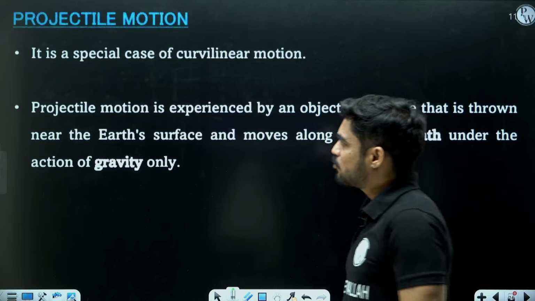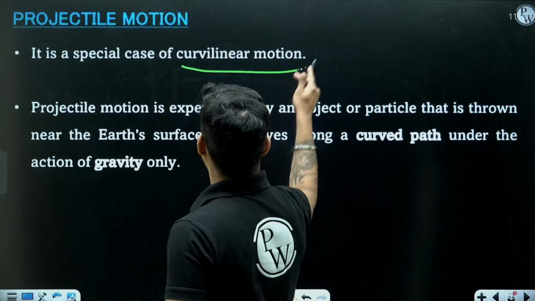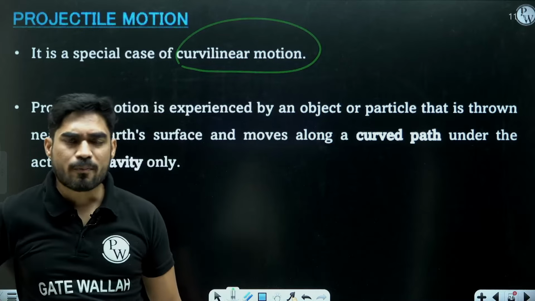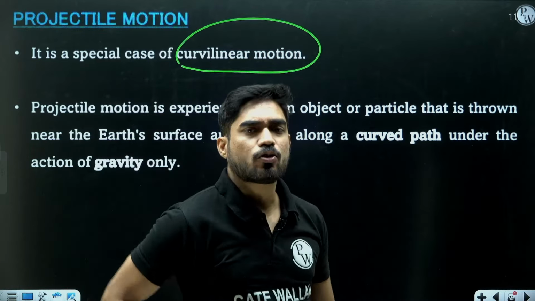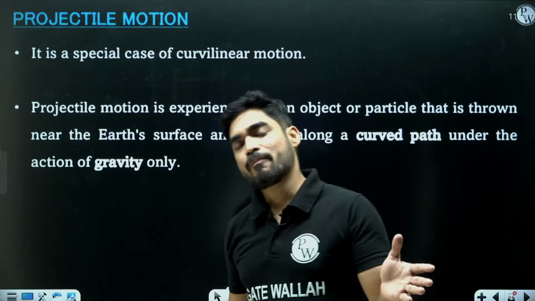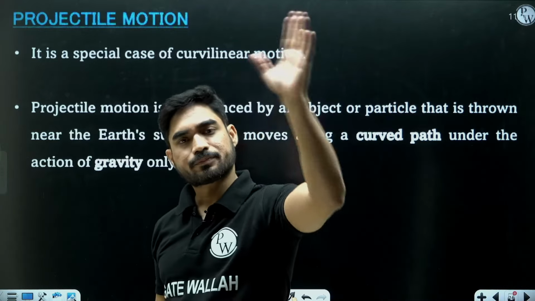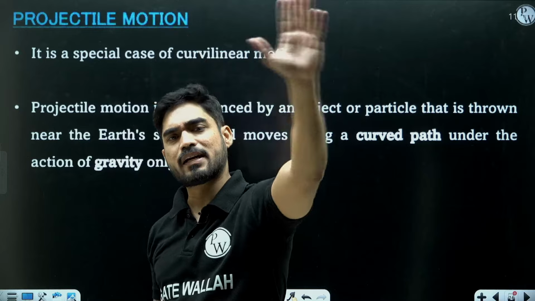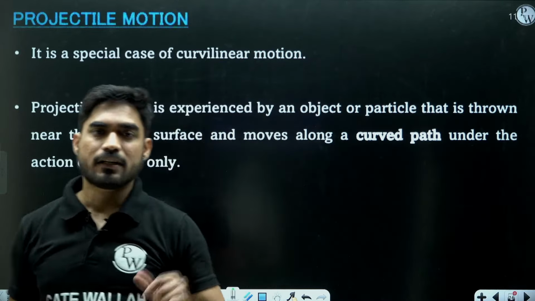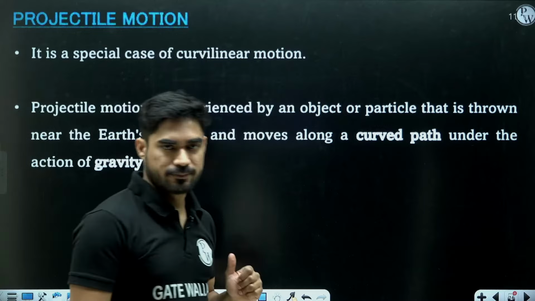So projectile motion is a special case of curvilinear motion. It happens when you throw a body, or release a body in a parabolic path. The body is moving in a parabolic path under the influence of gravity near the surface of the earth.